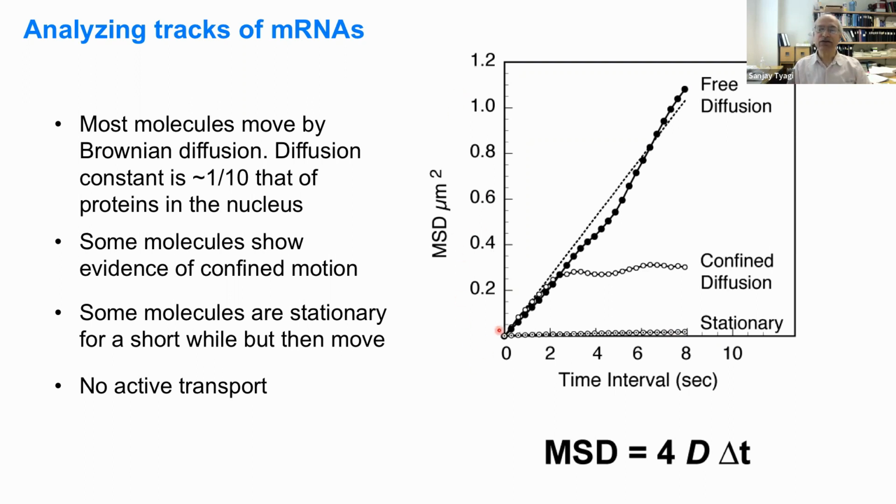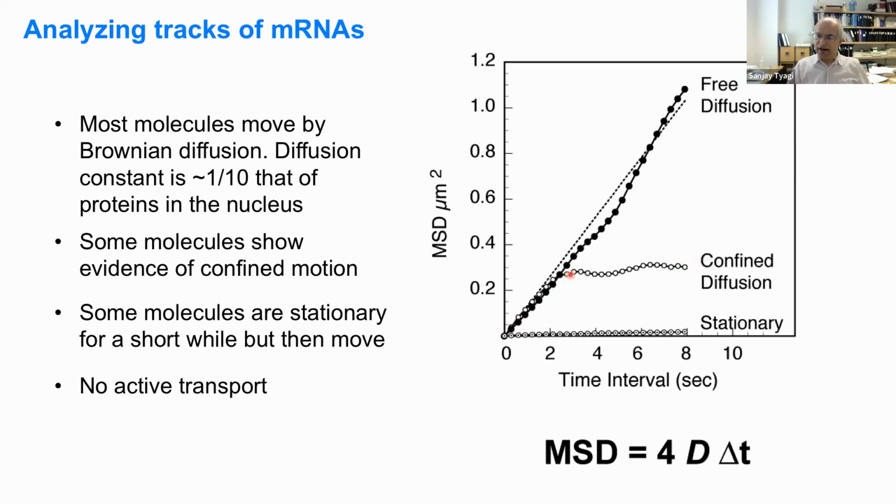And we found that most of the molecules were moving by free diffusion. If it was active transport, it would look like this, like a sigmoidal curve going up like that, so it would move very fast in a short period of time. And there's no evidence of active transport in most of the molecules. However, some molecules showed evidence of confined diffusion.